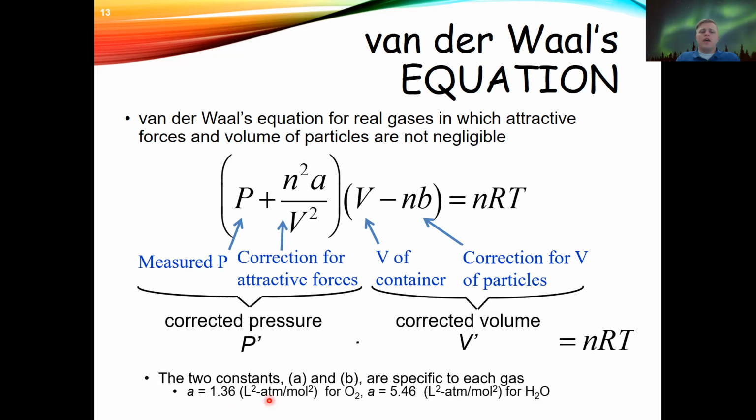For example, O2 has an A value of 1.36, but water has an A value of 5.46. You'll notice that water's value is much bigger than oxygen's. So what is the big difference here? We'll spend a bit more time on this later, but the big difference is H2O has two polar bonds.